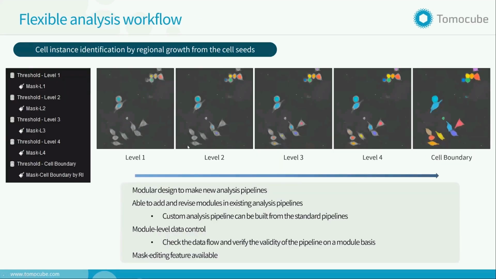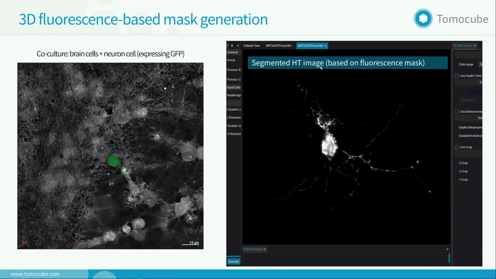And sometimes you may also rely on the signals of the fluorescence. So in this case, we have prepared a co-culture, and there are many different types of brain cells. And there's one neuron cell, which is expressed with the GFP. And now we want to retrieve the concentration or mass of the individual cell. And we use the fluorescence as the mask information.